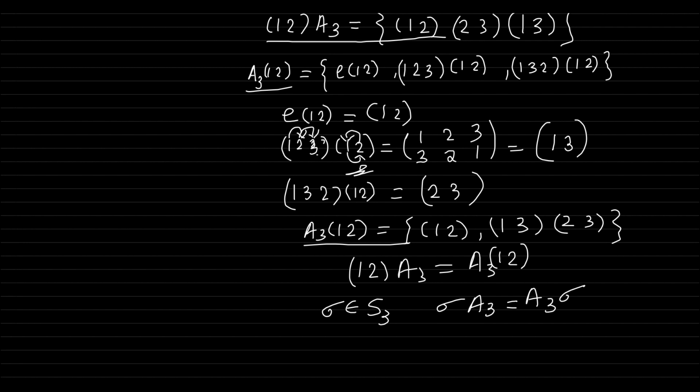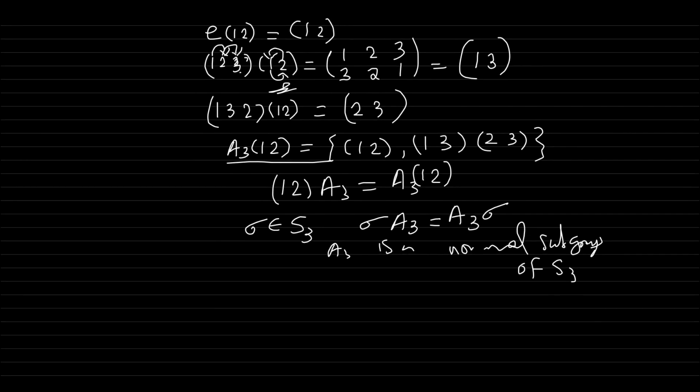So A3 is a normal subgroup of S3. And here S3 is a non-abelian group, and A3 is a normal subgroup of S3.